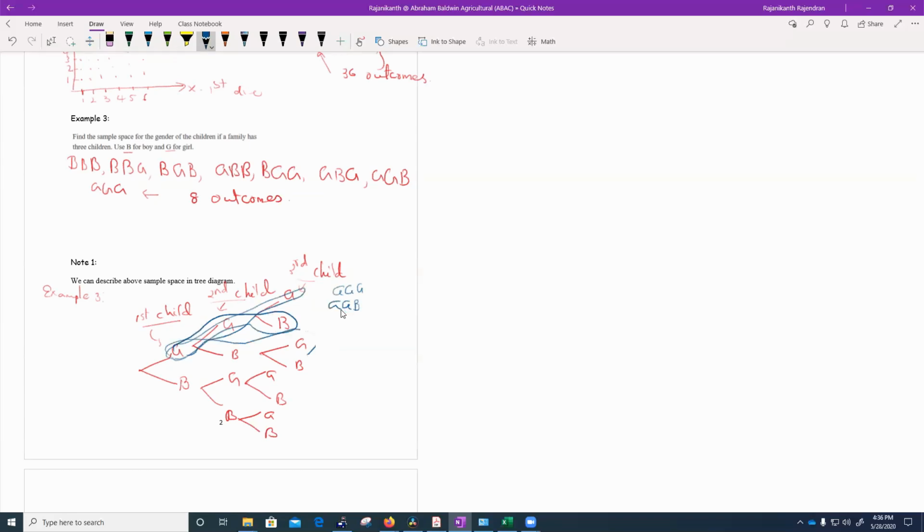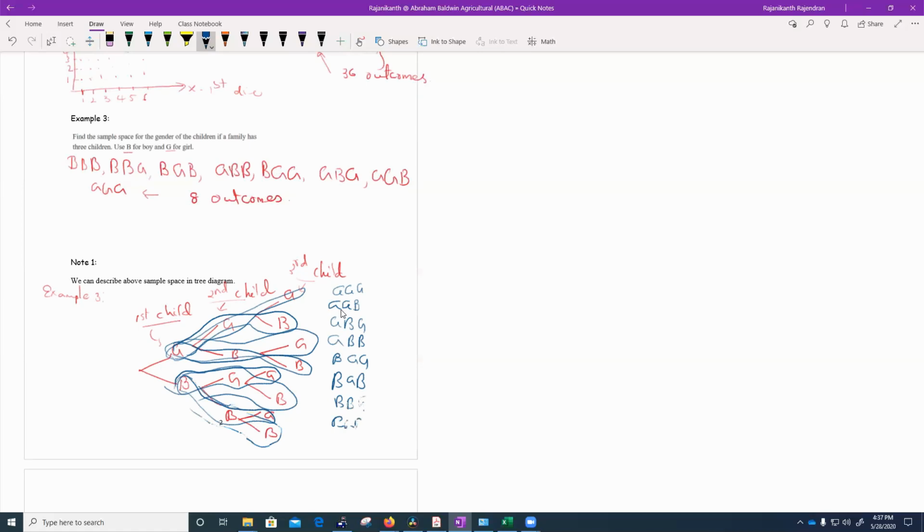This branch is G, B, G. This one is girl, boy, boy. The first branch here is boy, girl, girl, and this will be boy, girl, boy. The next one is boy, boy, girl. And the last one is going to be boy, boy, boy.